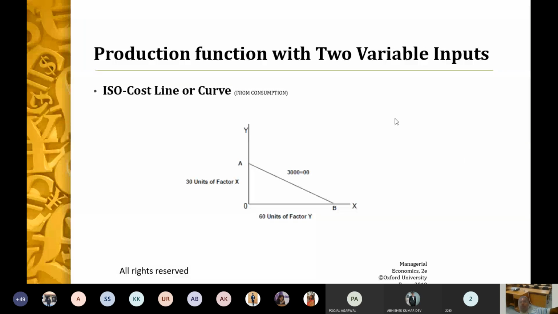Let me download the attendance before I forget it. Download attendance.